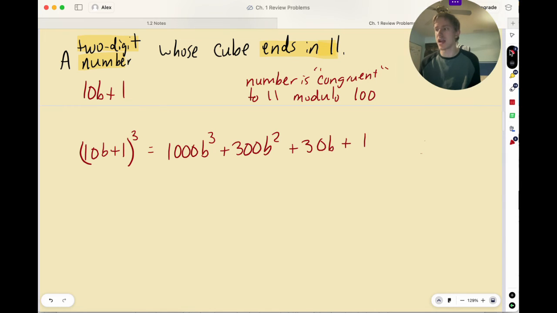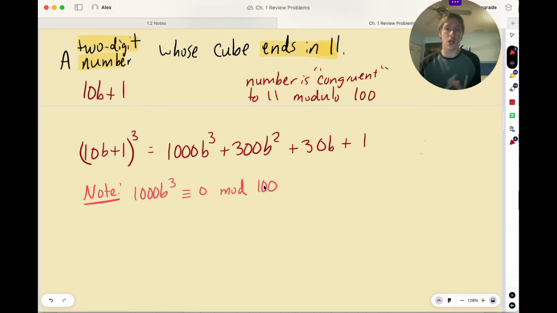But what I want to do next is I want to note that this number, modulo 100, is congruent to 0. Okay, so note that 1000b cubed is congruent to 0 mod 100. That means if I divide this by 100, I get a remainder of 0, which makes sense because b cubed is an integer. And if you have an integer times 1000, that is going to be some number of thousands.